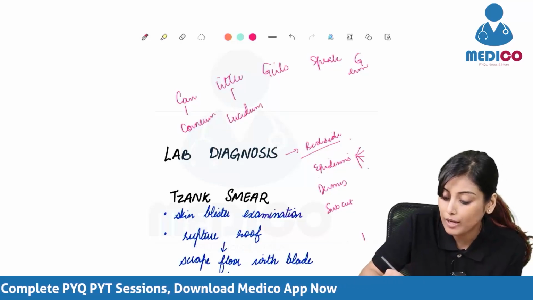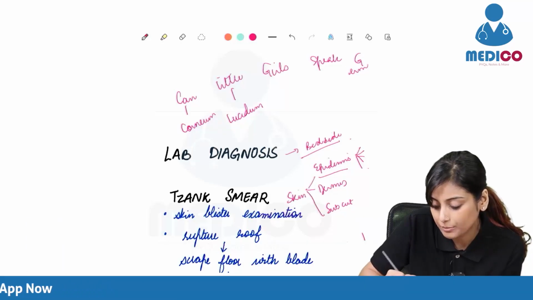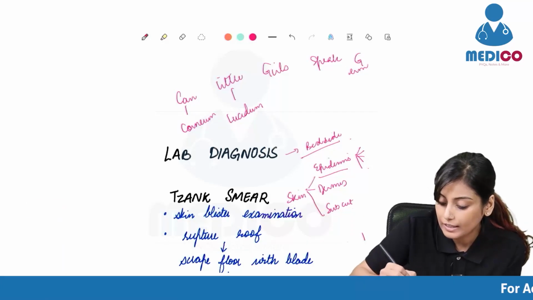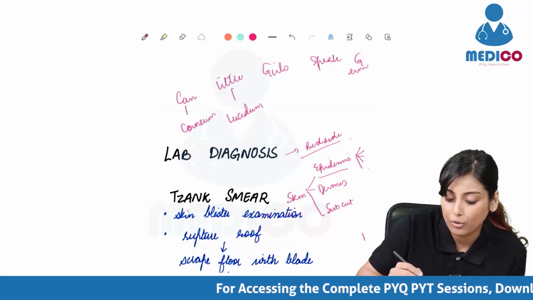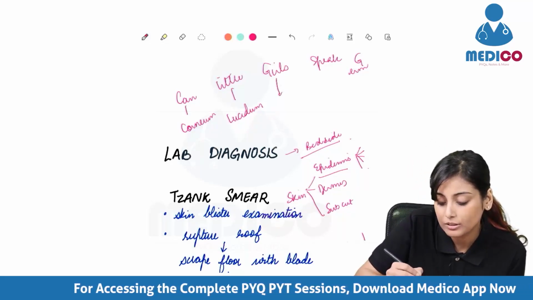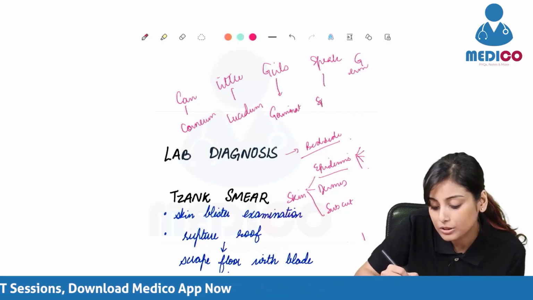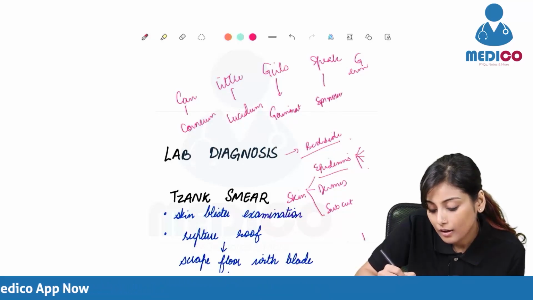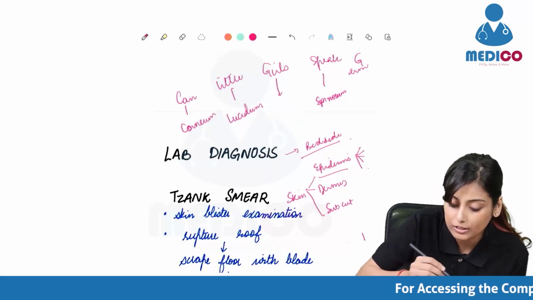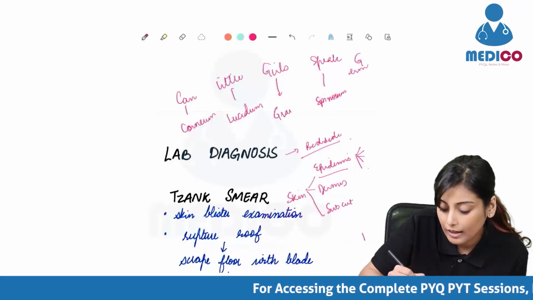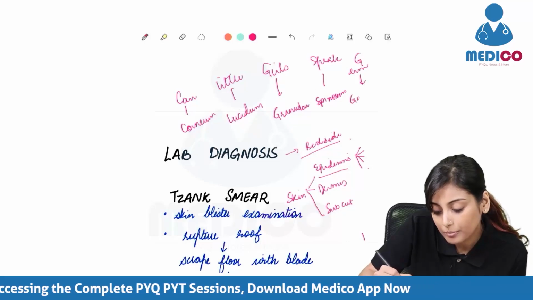These are all layers of the epidermis. G is granulosum if you see in the sequence, S is spinosum, and germinativum comes at the bottom.